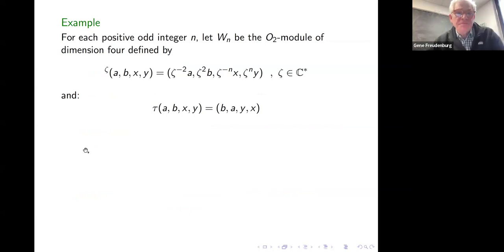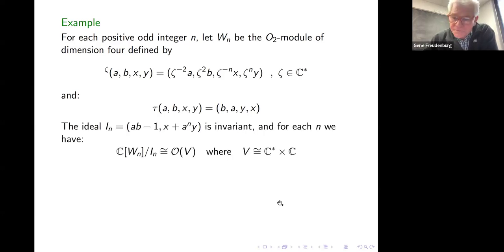For the second example, let Wn be the O2 module of dimension 4 defined with weights minus 2, 2, n, and minus n, and the natural involution. So the ideal defined by the functions ab minus 1 and x plus a to the n y is an invariant ideal.